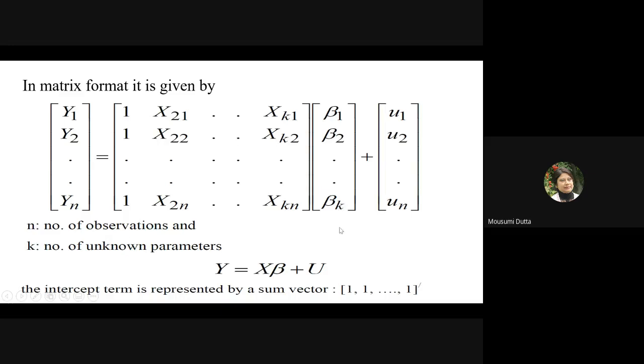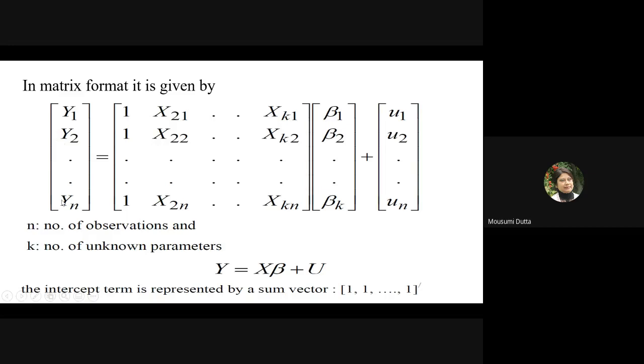And what is the order of this beta vector? K by 1. So x is of order n by k, beta is of order k by 1. So what will be the order of this entire product? N cross 1. Very good.